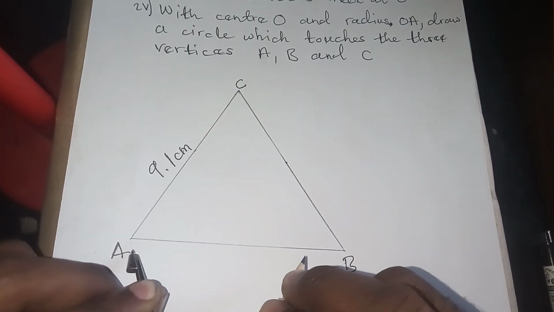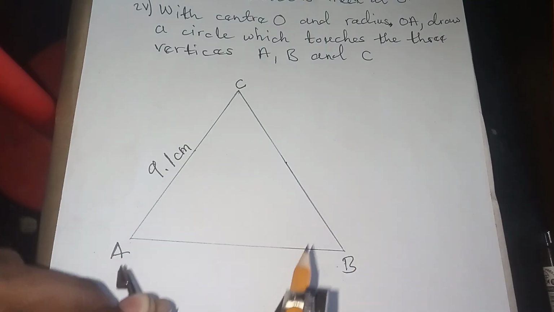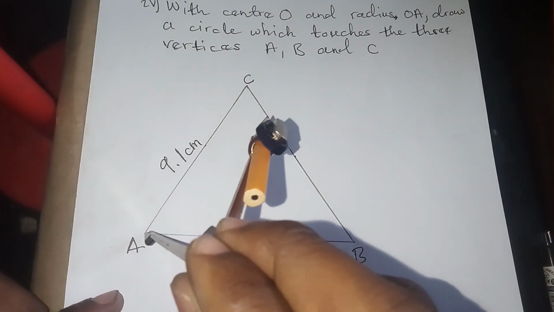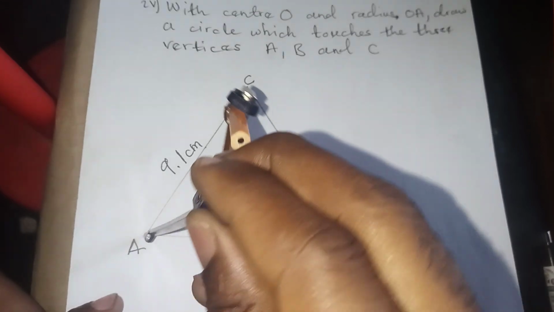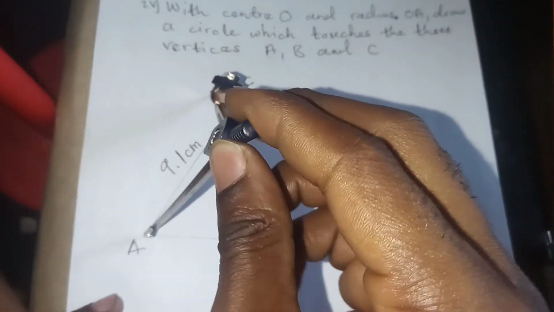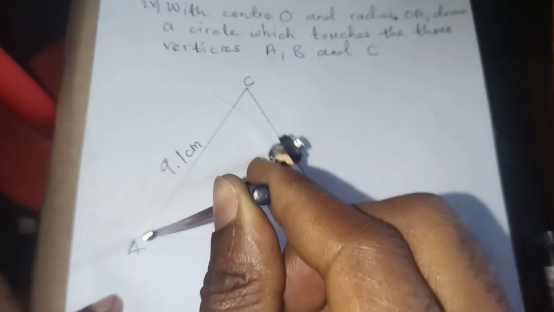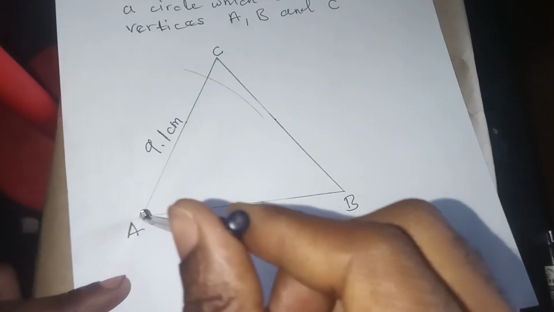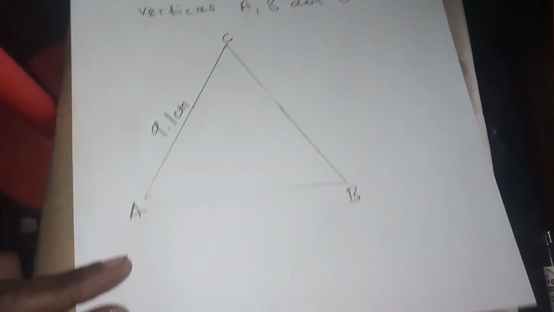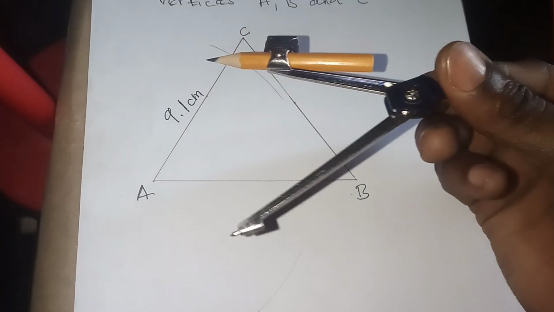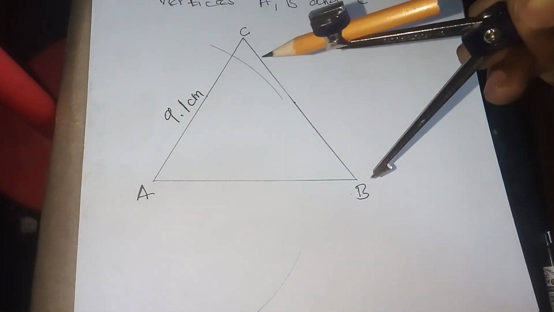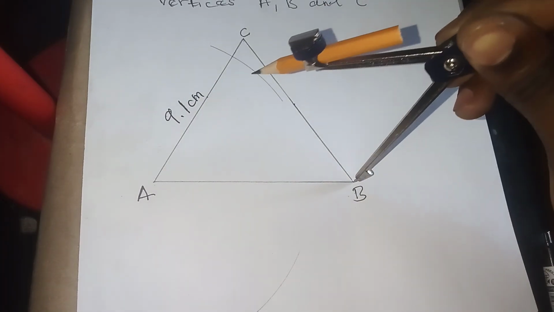So if I extend it a bit like this, then I can easily construct my bisector. So let's do this. So I can just draw an arc on top and then another arc at the bottom like this. And then after doing that, without even changing the radius, I'll do the same thing at B.